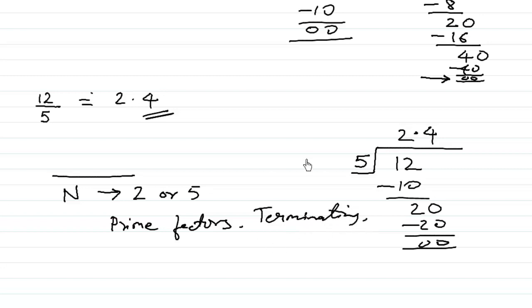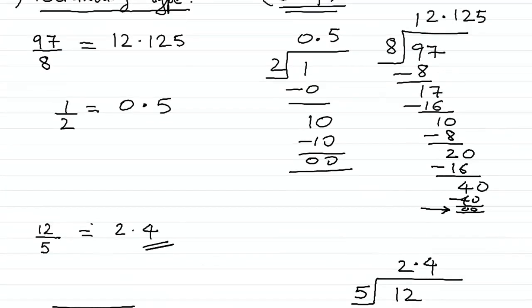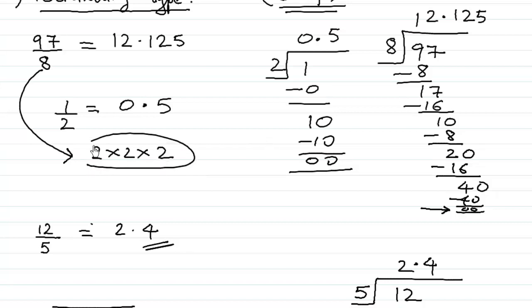For example, in this particular example, 97 upon 8, we saw that if we factorize this 8, we get 2 multiplied by 2 multiplied by 2. And since the prime factors are in terms of 2, or sometimes it could be in terms of 5 also, or sometimes both also, then we have this terminating type.